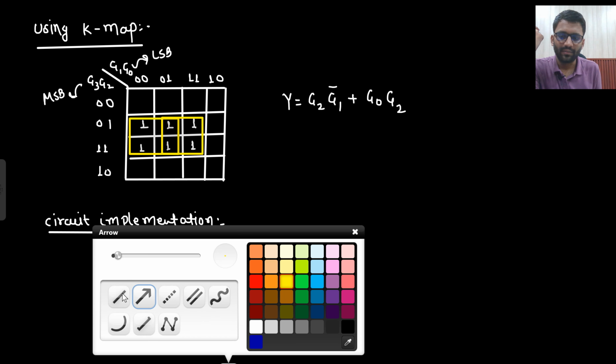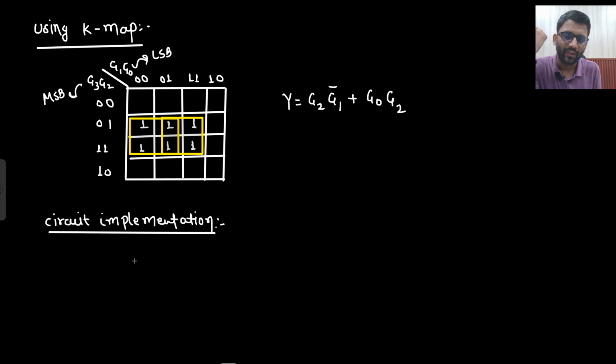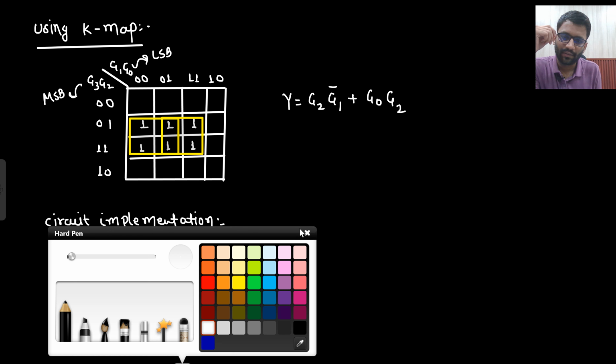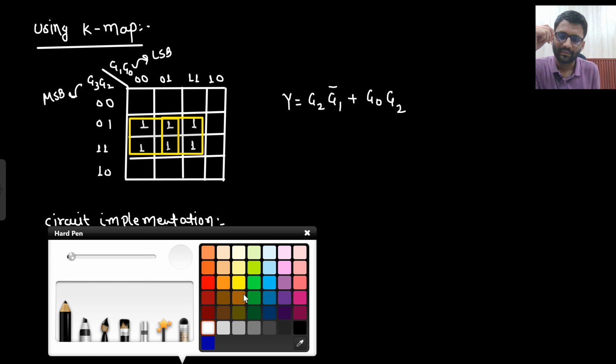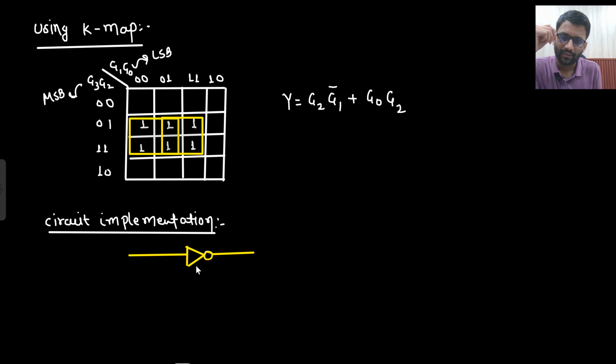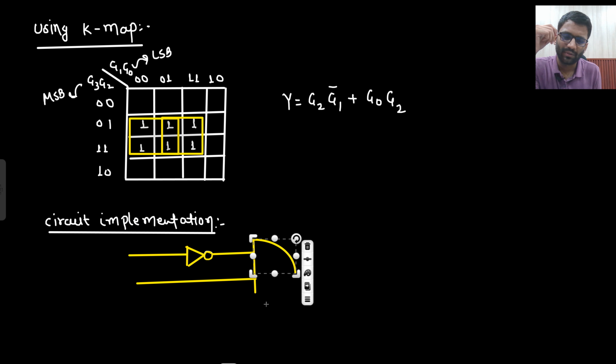Now I can draw my equivalent circuit. How will I draw my equivalent circuit? What do I need to do? First I will take the G1 bar. This is your G1, so G1 bar I am taking, and then G2, and then multiplication of both of them, G1 bar into G2.